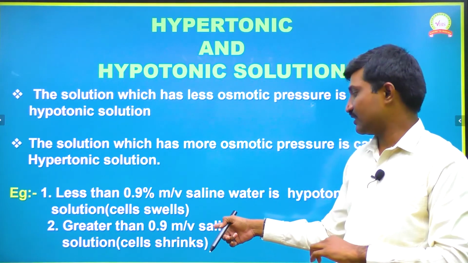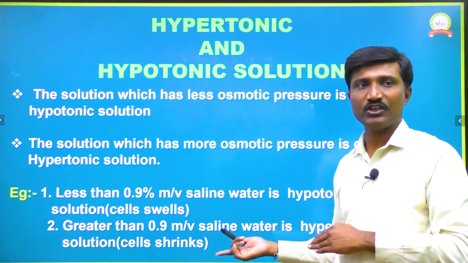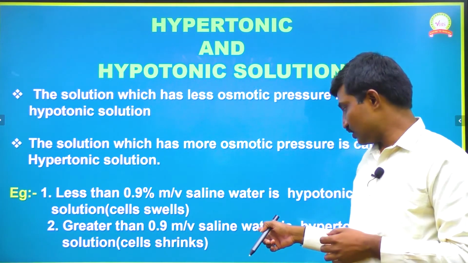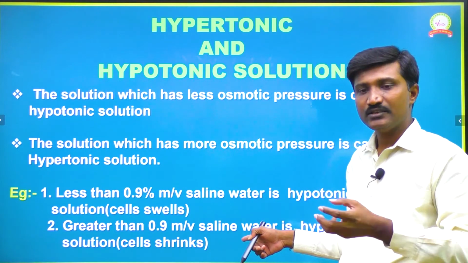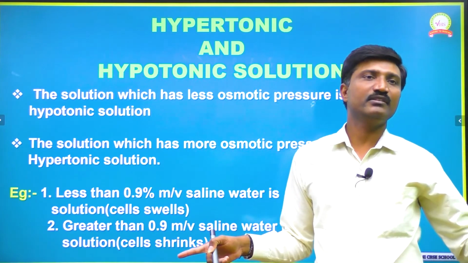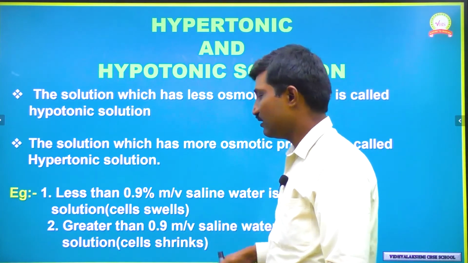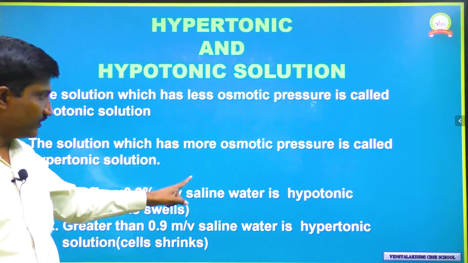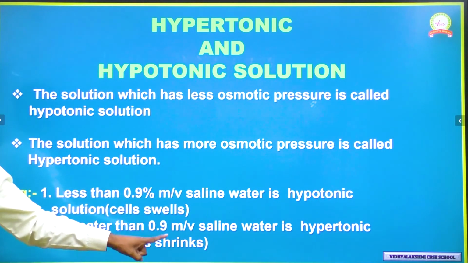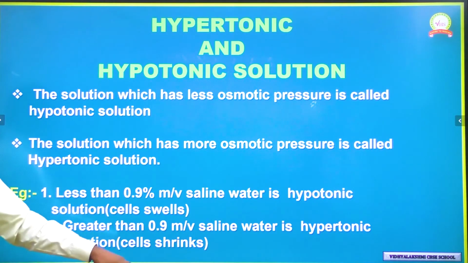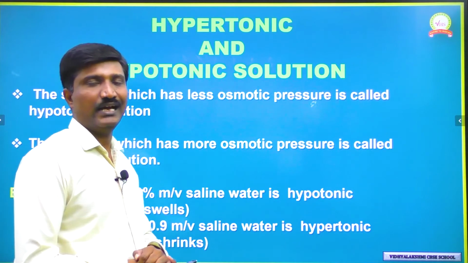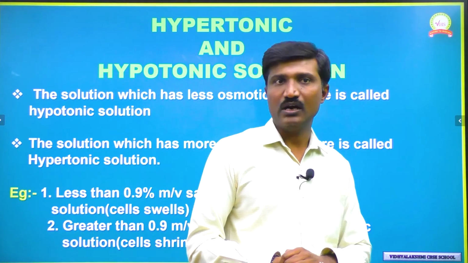Okay, if you take saline water greater than 0.9% m by v, then that solution acts as hypertonic, so water comes from the cells to the outside, so that blood cells shrink. So if you inject either of these two solutions into our body, the blood cells swell or shrink, and then a problem arises for us.